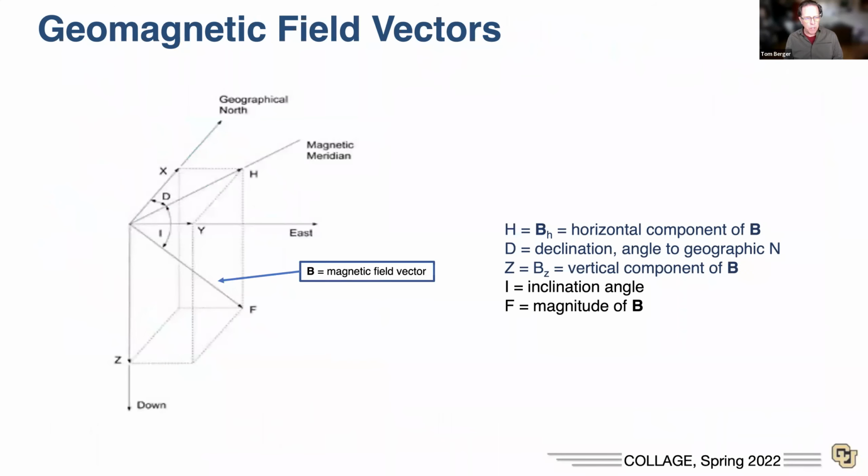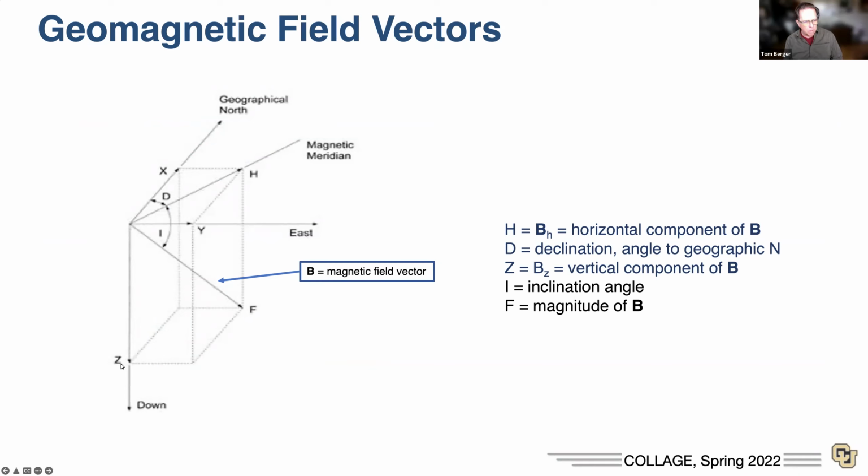But very quickly, when we talk about the Earth's magnetic field, we talk about the geomagnetic field vectors in terms of the horizontal field, shown here as H. That's composed of the north and east horizontal vectors.